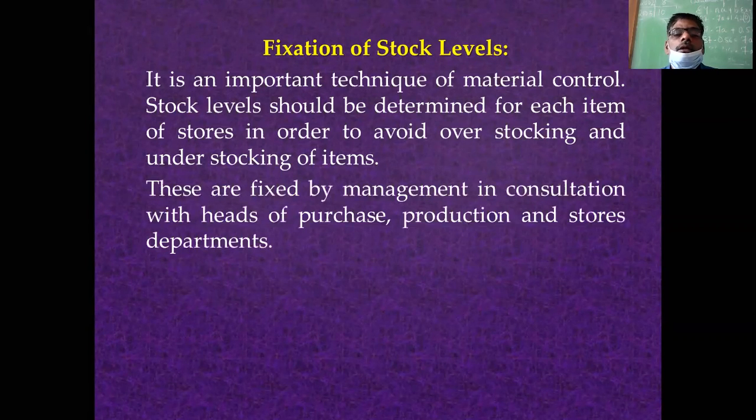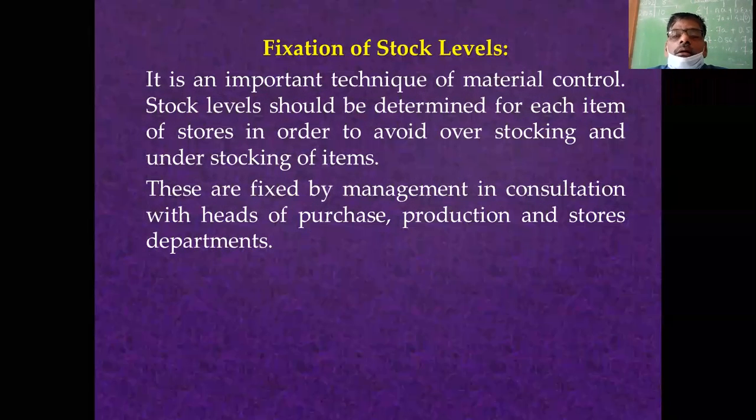Okay. These are fixed by management in consultation with the heads of the purchase department, production department, and stores department. Three members are here: one is the purchase manager, second is the production manager, and third is the stores manager. These 3 people together discuss and decide regarding the levels of stock, because it is not a one-man activity.